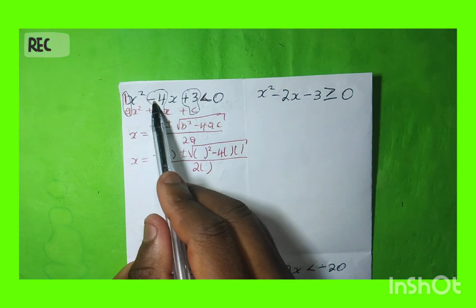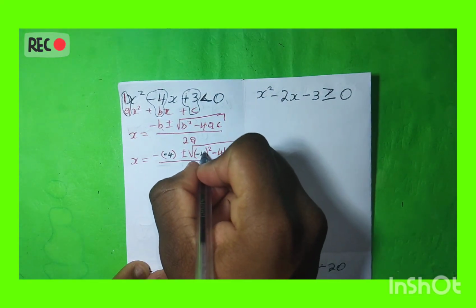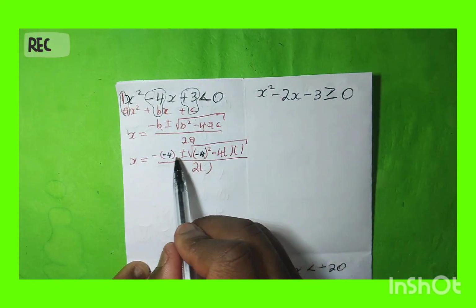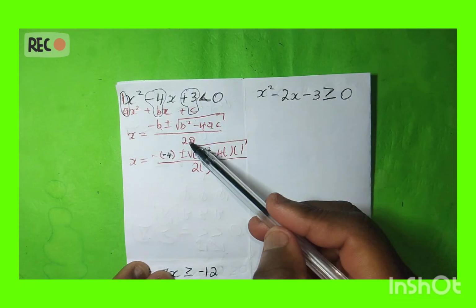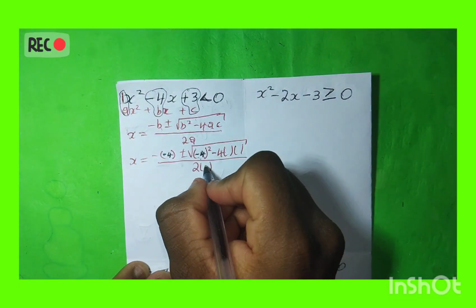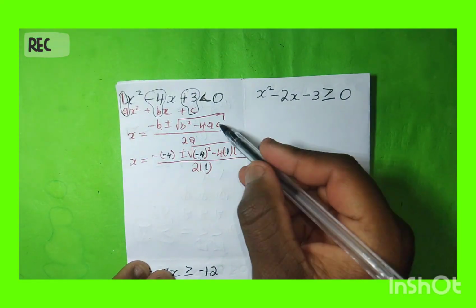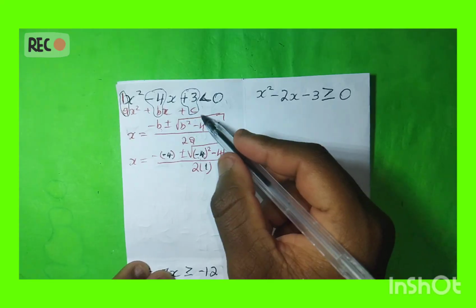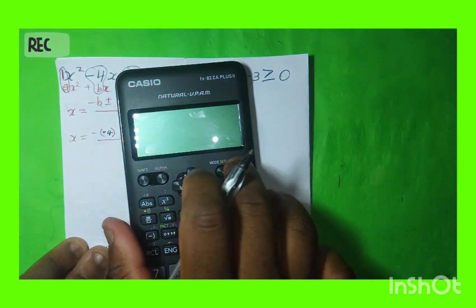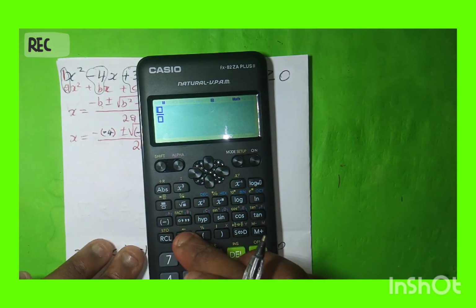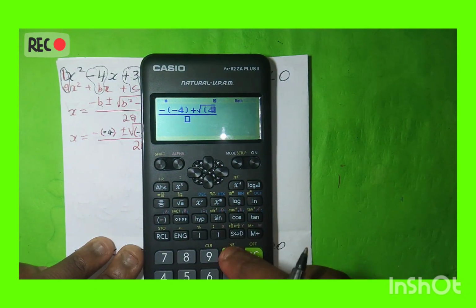That b goes with a negative, so here it's negative, even there it's negative. For a, I'll put 1, and for c it's 3. Now I can press this on a calculator, which is straightforward, like this: -4, and plus, it's -4.